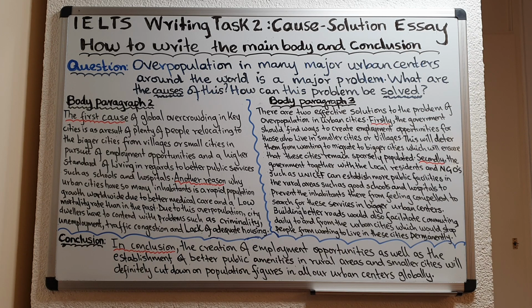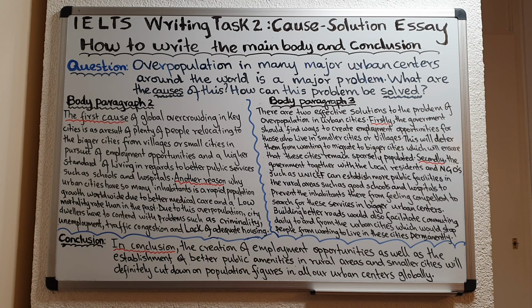Remember, you have 40 minutes. And you're expected to write more than 250 words. If you're aiming for a band 8 or a band 9, you should write 300 words. Now, how do you write body paragraph 2?